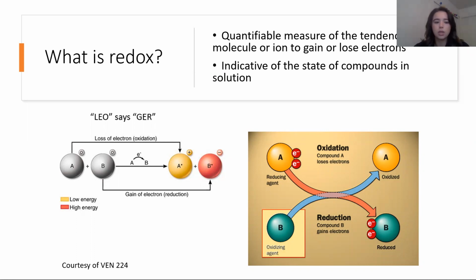So ORP is the quantifiable measurement of the tendency of a molecule or ion to gain or lose electrons. And so we see that in this reaction, this compound here is losing them to this compound, which gains them. And this is based on an inherent affinity for these electrons.